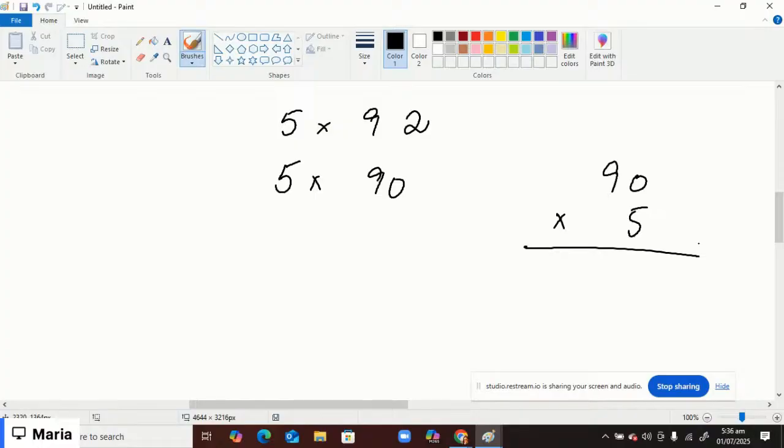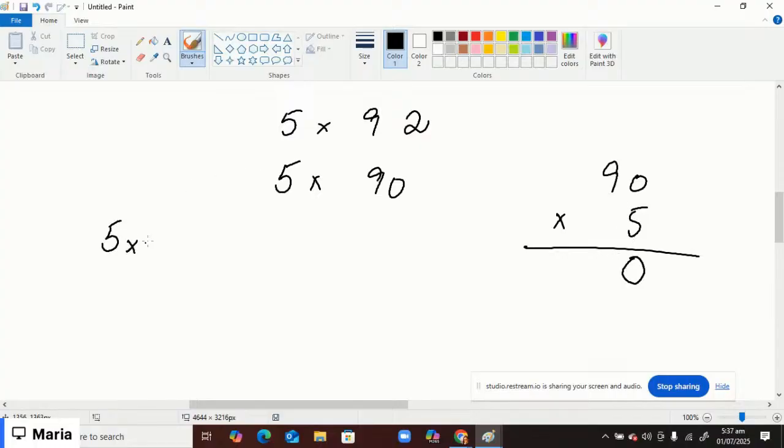First of all, multiply 5 with 0 and then 5 with 9. 5 times 0 is 0 and 9 times 5 is, what is the answer of 5 times 9?